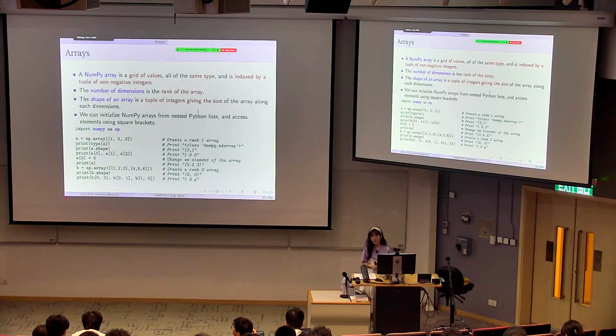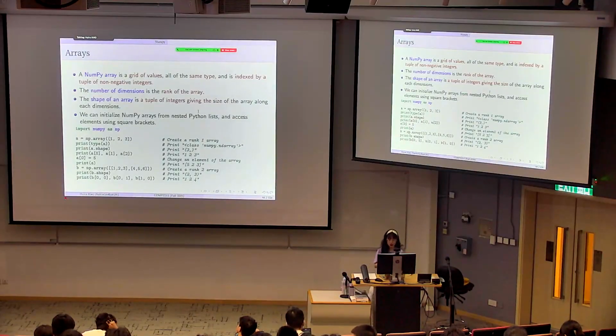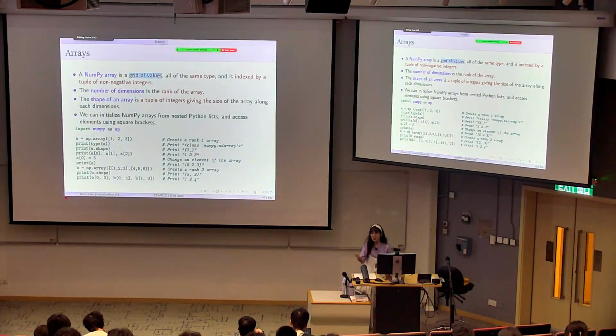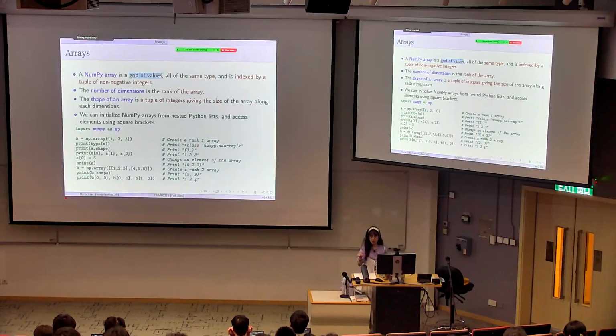What is array? Here, a NumPy array is a grid of values, all of the same type, and it's indexed by a tuple of non-negative integers. Some keywords here, grid of values. So you can see a NumPy array has some entries, and inside each entry or inside each grid, there is some value.